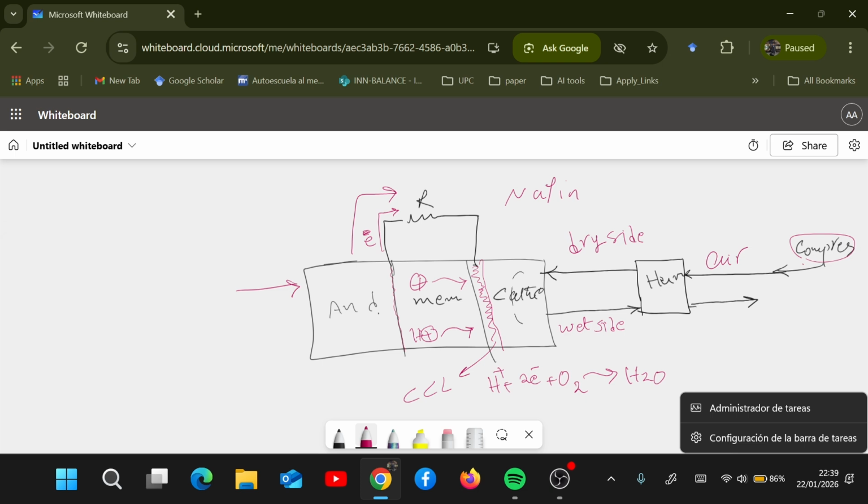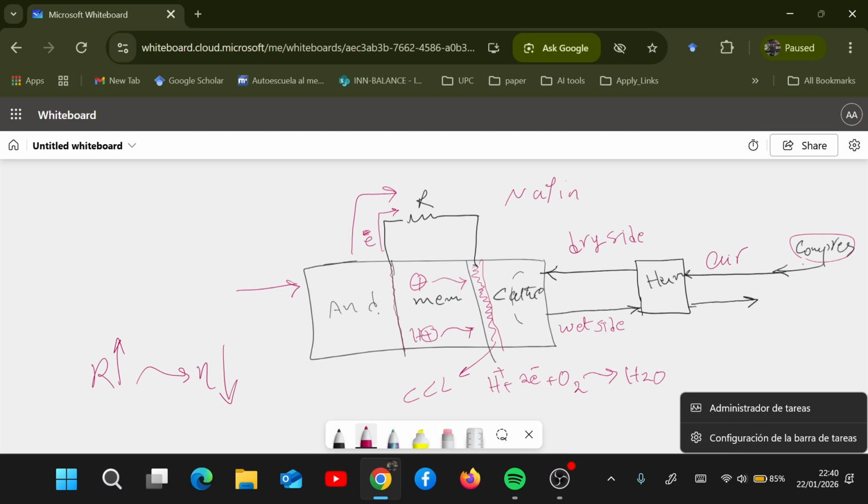The other reason is that if the membrane is dry, the protons cannot reach the cathode side, so we have a higher resistance and an efficiency reduction. This is another reason that water content in the membrane is important.